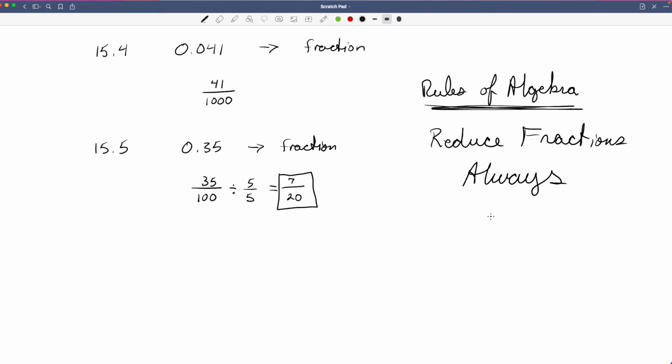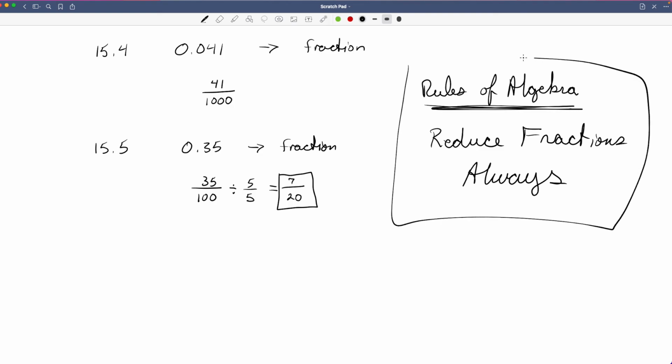If you have the opportunity to reduce a fraction, you reduce a fraction. We never leave a fraction unreduced. So, RFA, reduce fractions always. Major rule of algebra. We do not leave it in its original form.